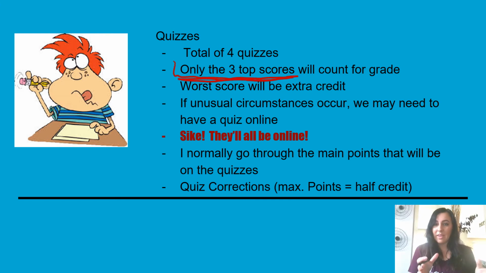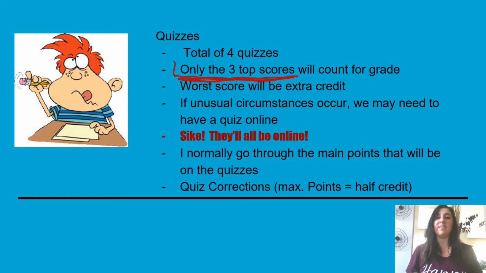Your top 3 will be part of your grade, and then your worst quiz score, hopefully it's a decent score, but even if it's terrible, it's fine, because however many points you get for your worst score is going to be added as extra credit into your grade. So pretty much no matter what, as long as you take all 4 quizzes, you will have a good amount of extra credit points as a cushion for your grade.